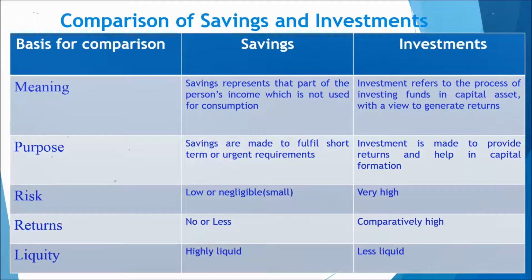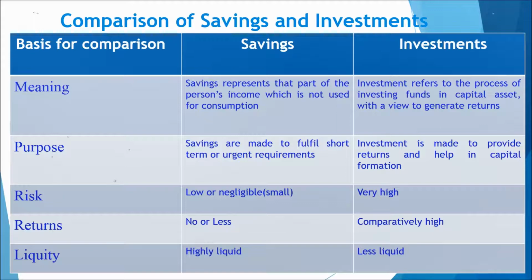An example for saving is, if a person is earning a monthly income, apart from his consumption, he will save a part of his income, so that is called savings, that is for future use. Whereas if a person is investing in some mutual funds or in insurance to get a huge amount in return, that is called investment.